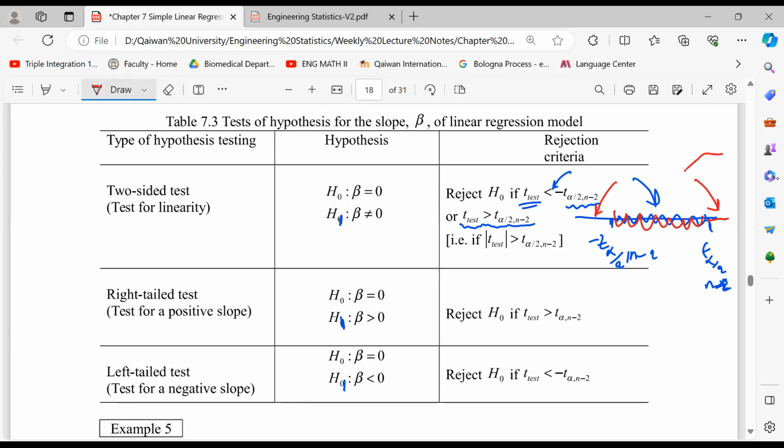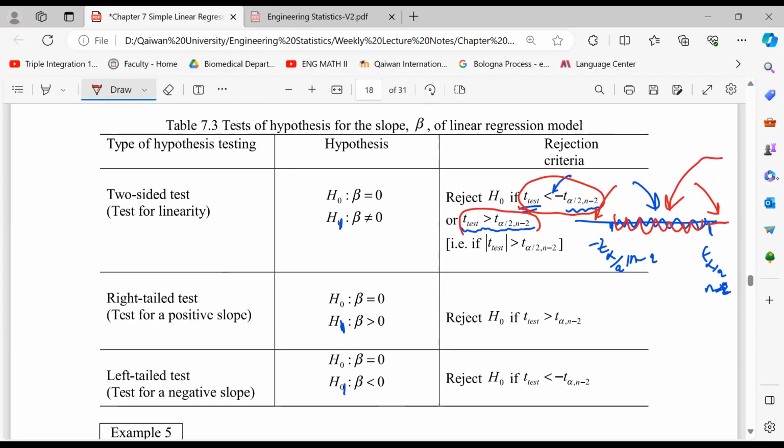But if it's between them, we fail to reject H naught. That's the case if it's two-sided.